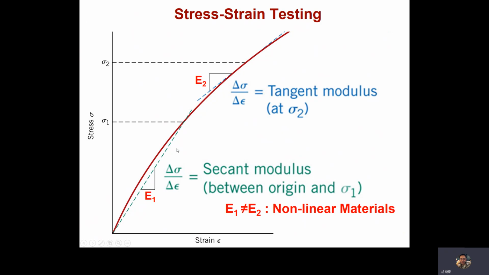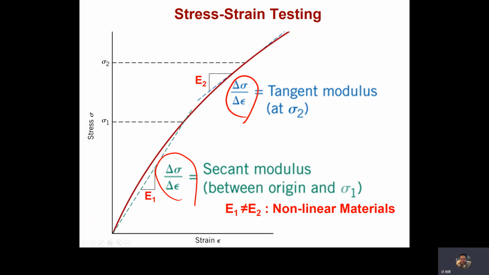For example, if we run this tensile test on a product and there's no elastic region for that material, however, we have to define its modulus for our specific product. So we can define it using the secant modulus or the tangent modulus.